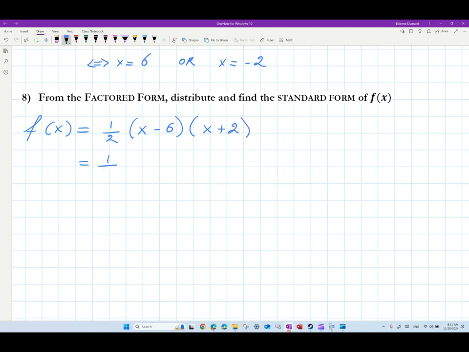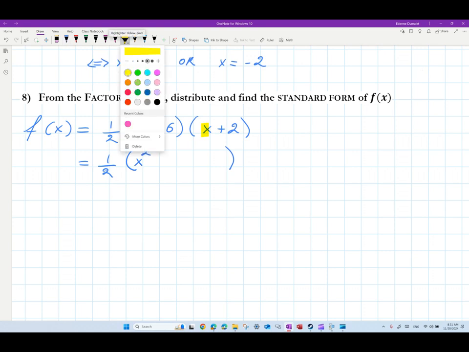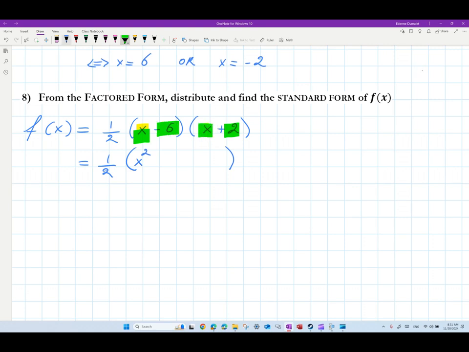I am first going to FOIL this, so I'll have x times x is x squared. Then I'm going to distribute, to add the outer and inner product, and 2x minus 6x is negative 4x.